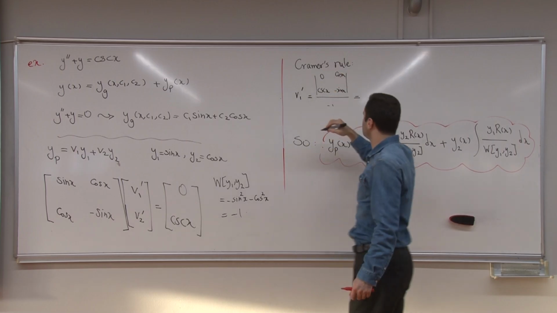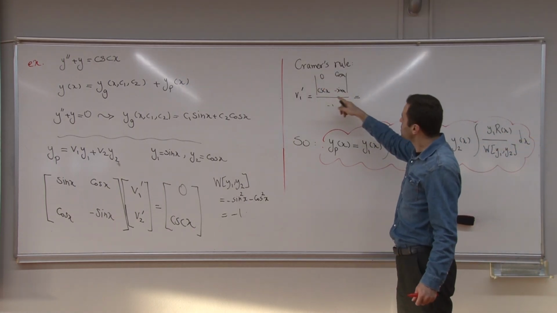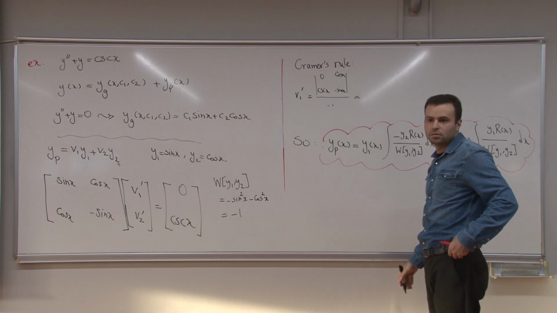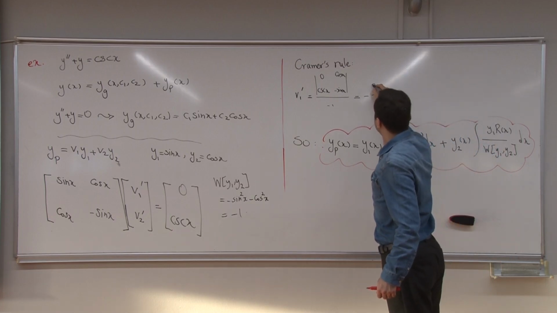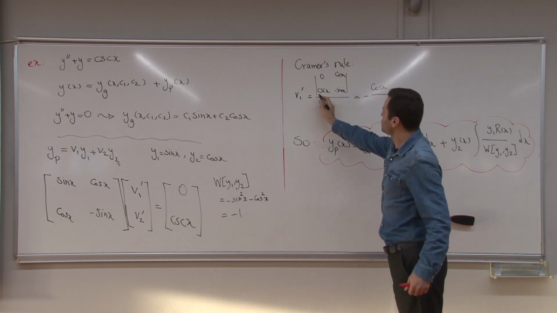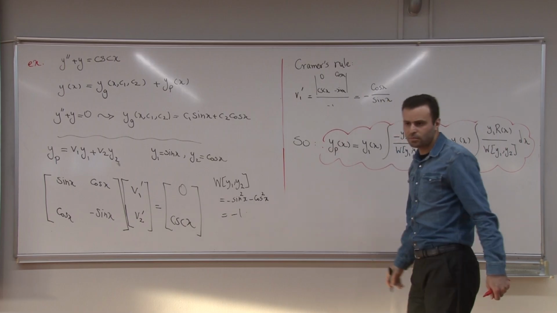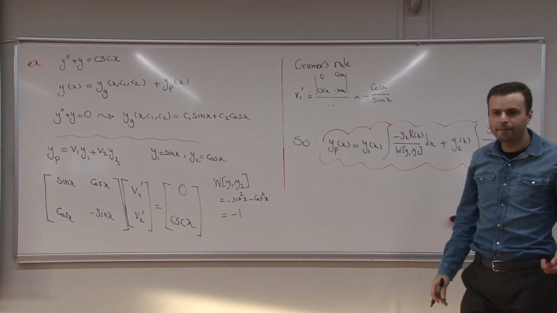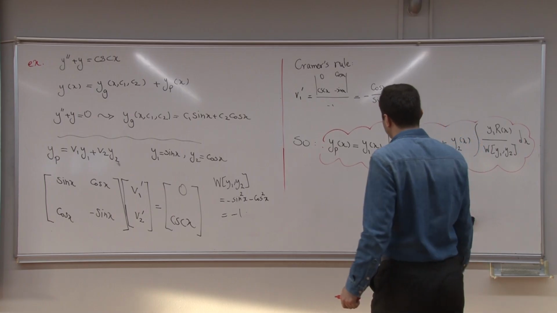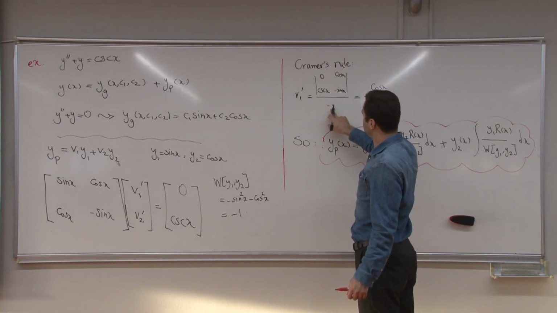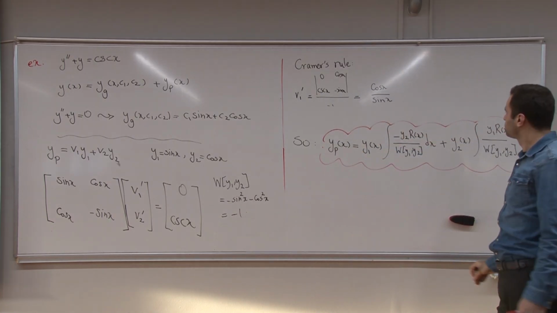And what is this determinant? 0 times minus sine, and 0 minus cosecant times cosine. Cosine of x times cosecant of x, which is 1 divided by sine of x, right? Yes, it is minus cotangent of x. Sorry, but there's another minus from the minus 1, so it will be a plus. It's cosine divided by sine of x. Good?